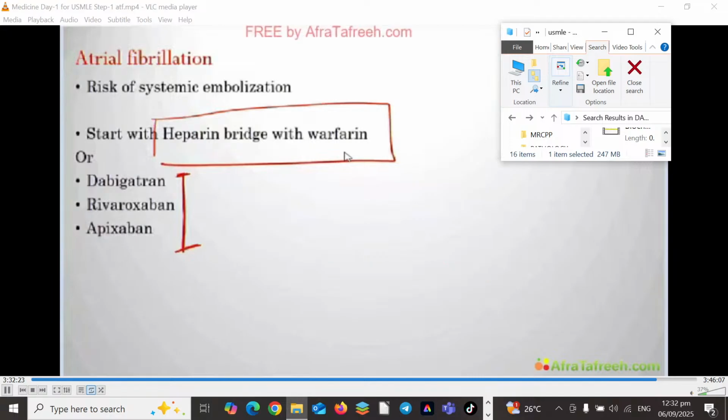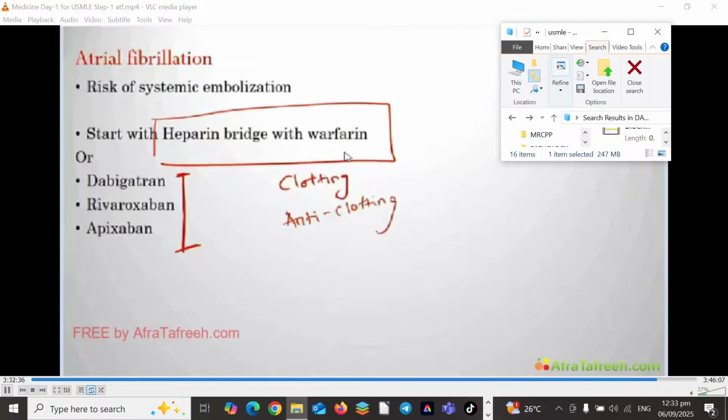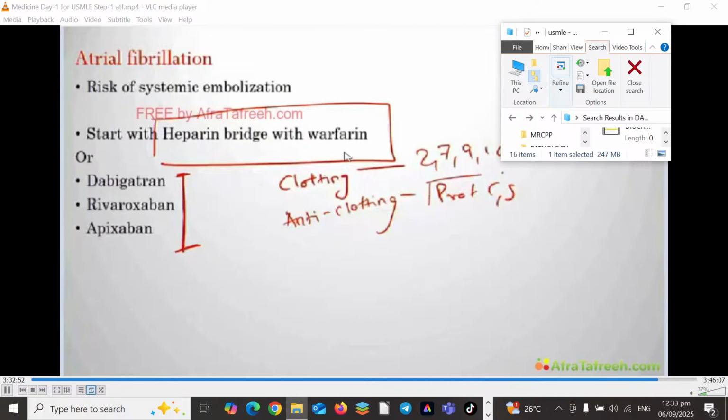It acts on clotting factors as well as anti-clotting factors. Warfarin acts on clotting factors and it acts on protein C and protein S. The earlier effects of warfarin are on protein C and protein S.